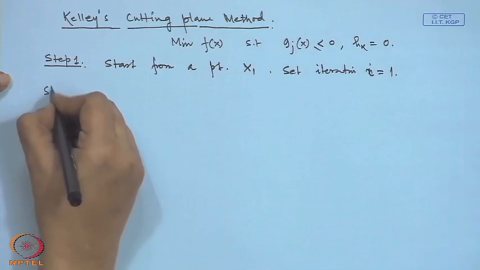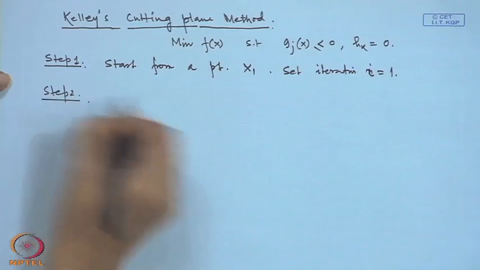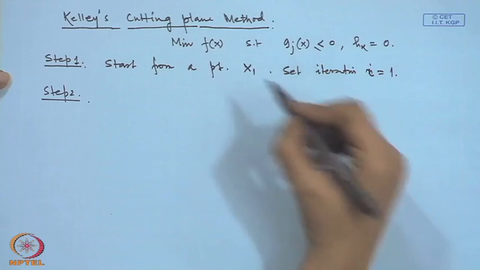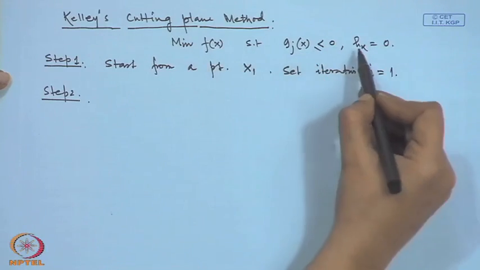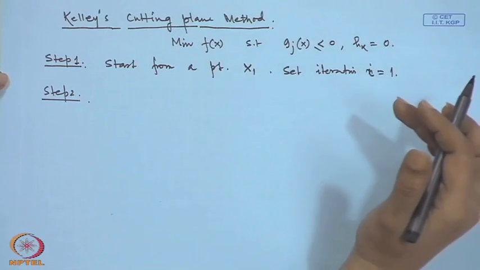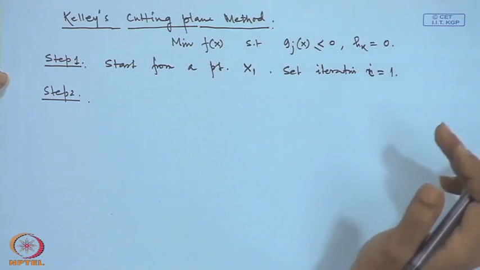Step 2: at this point we linearize the functions f(x), g_j(x) and h_k(x) with Taylor series approximations. Once we do that, we have the feasible space, bounded by the nonlinear functions.